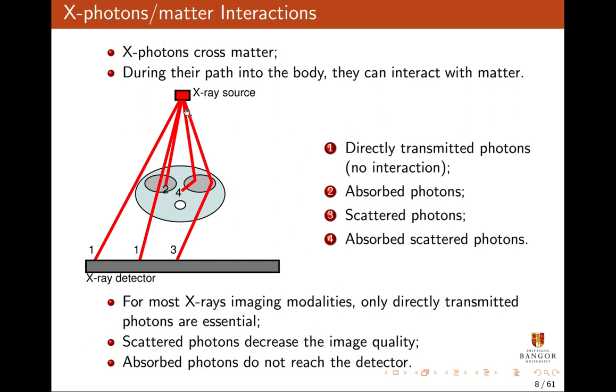They can be scattered, so the path of the photons is changed, and so we introduce some blur or noise in the final image. And they can be scattered and absorbed, so they again don't contribute to the image. Really what is very important for us are the photons that are directly transmitted, and this is something we can do quite fast on the GPU.